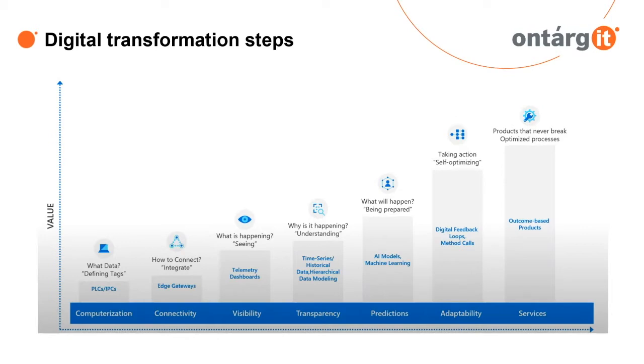He created this 7-step digital transformation process. So let's start with the fact that on the first step, we need to be able to automatically retrieve data from our equipment. Then we'll need advanced integration capabilities such as edge gateways, as we don't want to connect the equipment directly to the cloud.